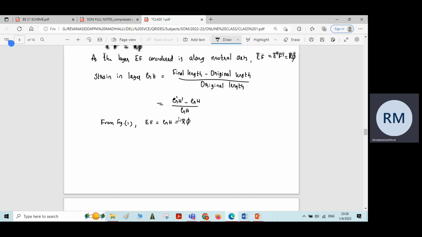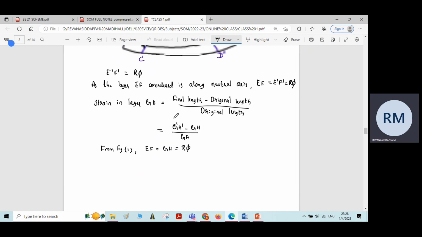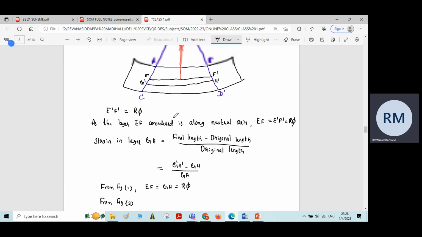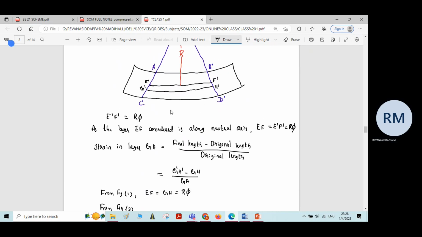And similarly, length G dash H dash I can write from figure 2. I will call this figure 2.